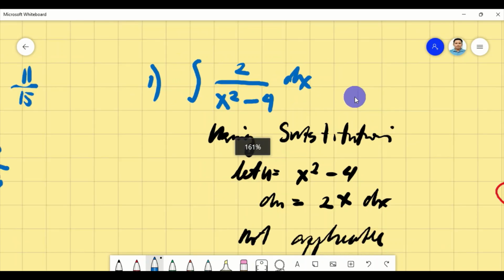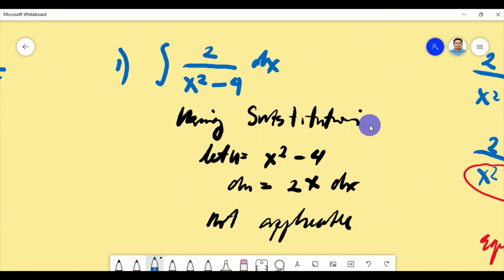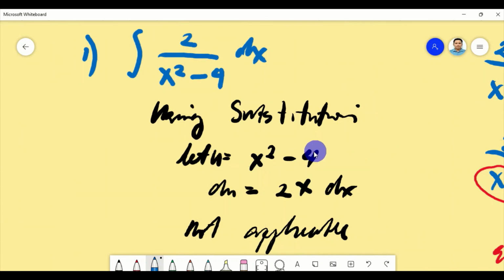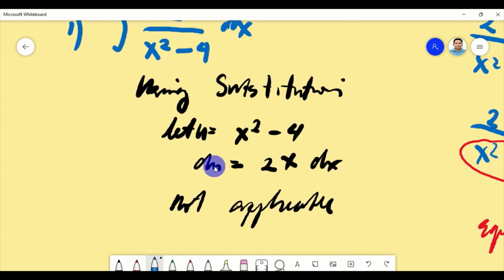At first glance, you will be tempted to use substitution in finding the integral of the function. Let's try solving it using substitution. Of course, we're going to make use of an expression that can be substituted by u. So let u be equal to x squared minus 4 in this example, and we need to get the derivative of the function.